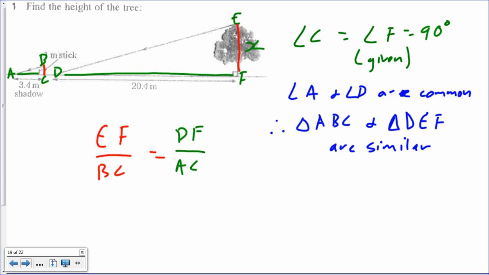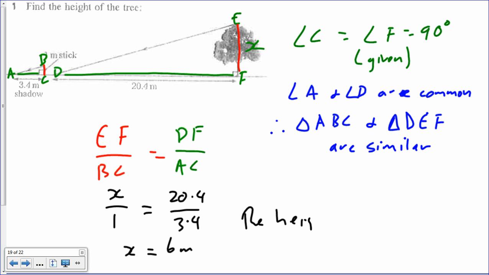So here that means it's going to give us X over 1 equals 20.4 over 3.4. So X equals 6 meters. The height of the tree is 6 meters.